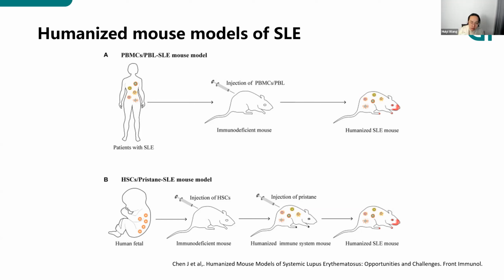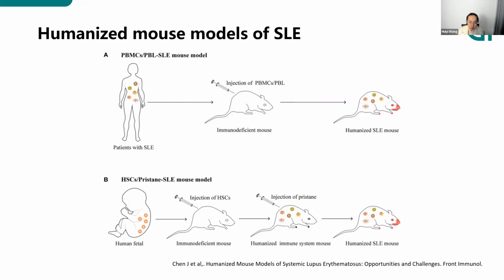And the other problem in this mouse model is that, as we talked previously, this mouse model could reconstitute about 19 percent of immune cells, which are T cells.